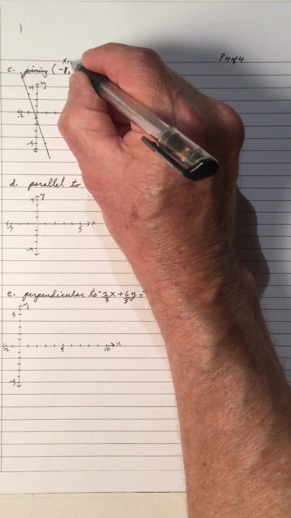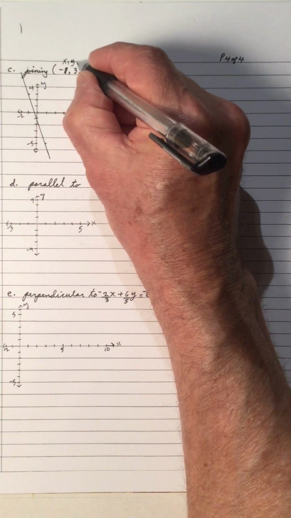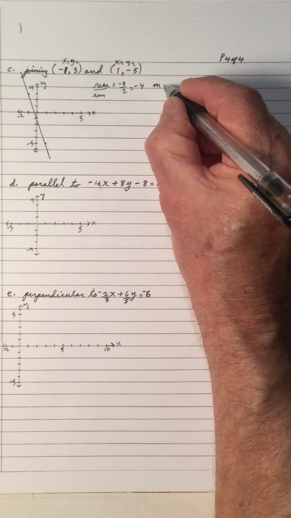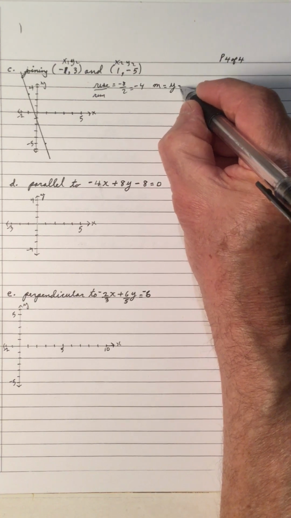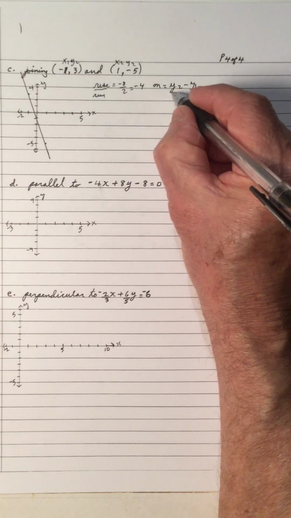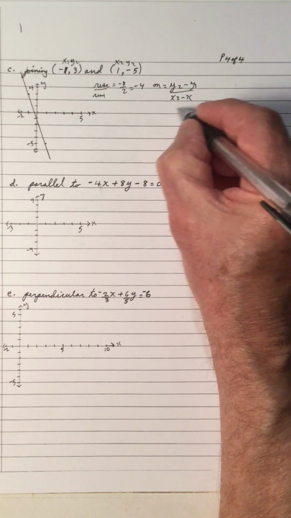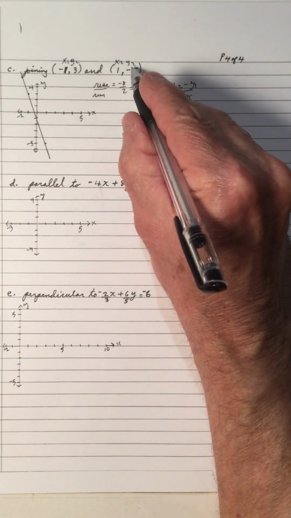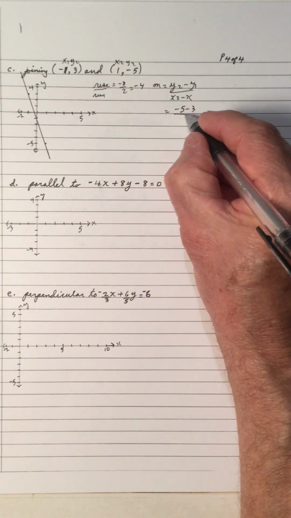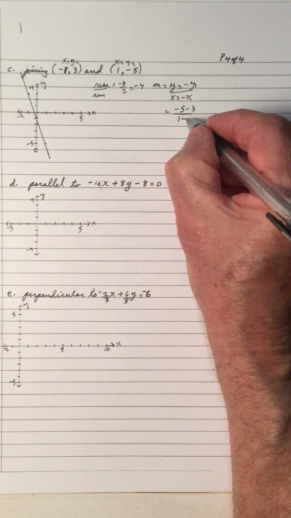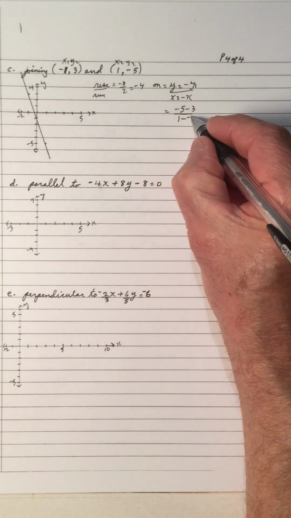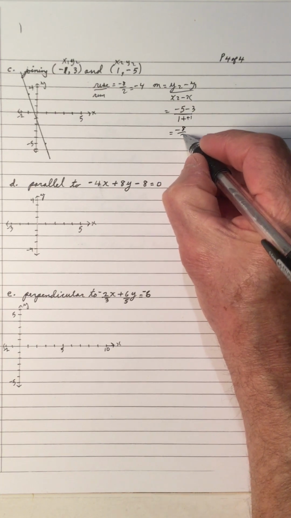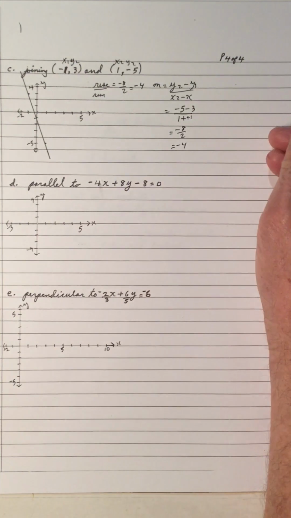If we call this one x1, y1, this point is x2, y2. The slope of a line is the difference y2 minus y1 all over x2 minus x1. So that's -5 minus 3, y2 minus y1, and x2, which is 1, minus x1, which is -1. So double negative is a positive, so that's -8 over 2. Again, we got -4.